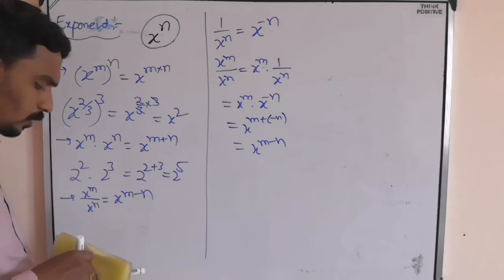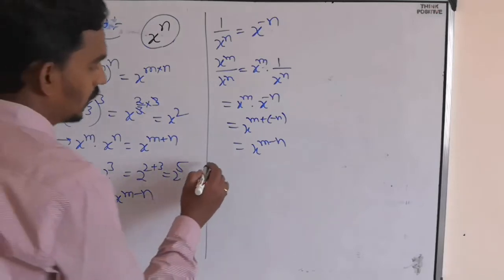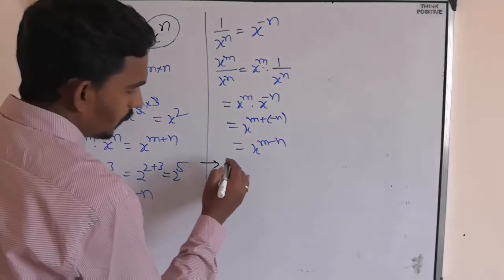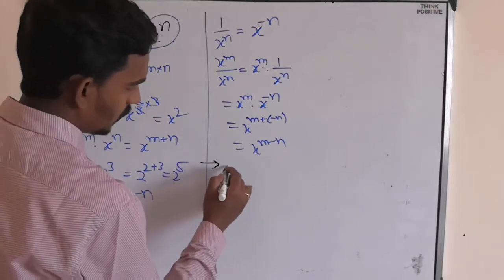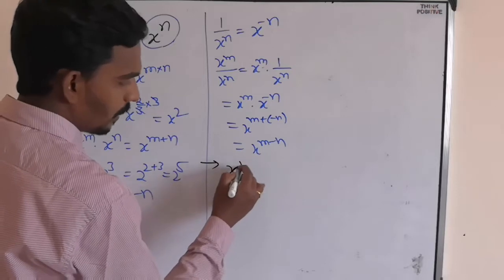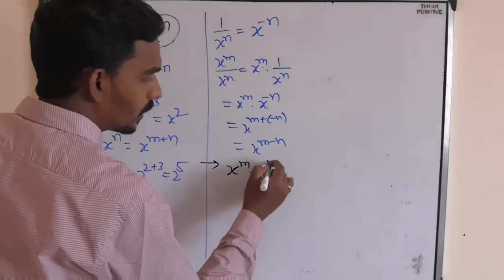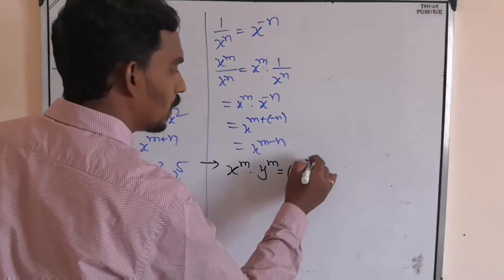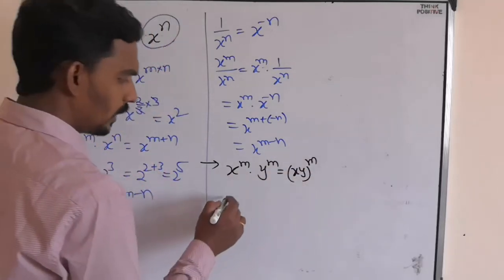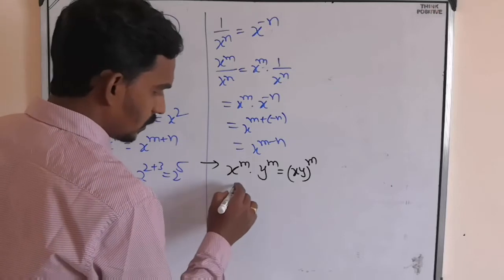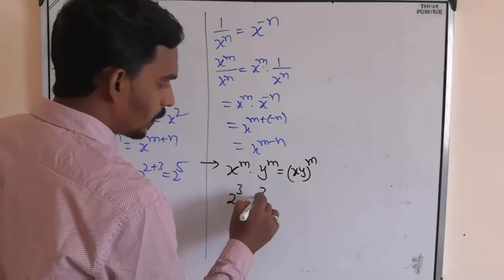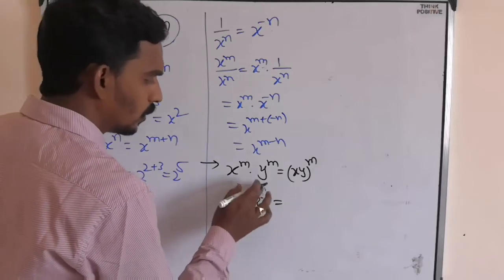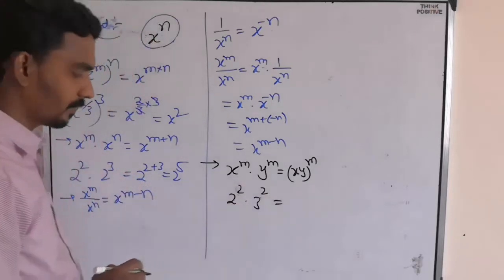One more thing to remember: x power m y power m equal to xy whole power m. Like 2 power 3, 3 power 3 or 2 power 2, 3 power 2, anything.